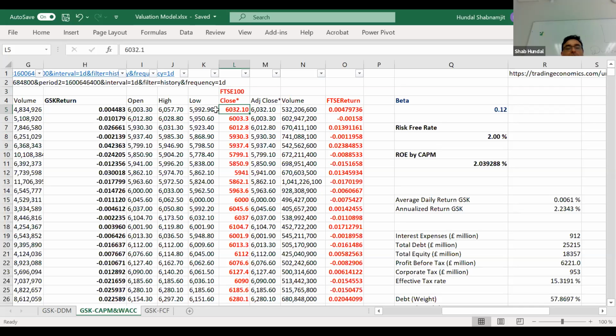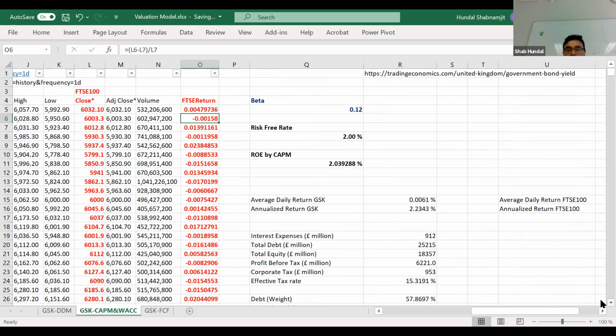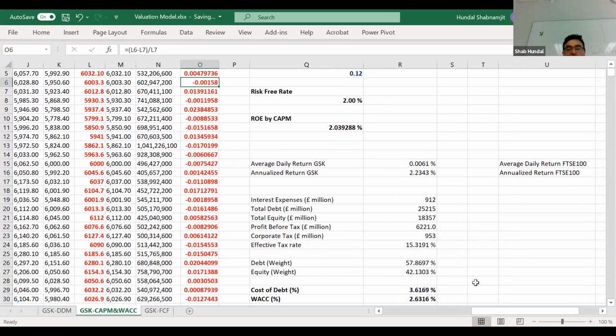And then, like the GlaxoSmithKline return, we can also calculate the index return. But the thing is that we only get the average daily return of GlaxoSmithKline. So I had 5,160 trading days in 20 years.